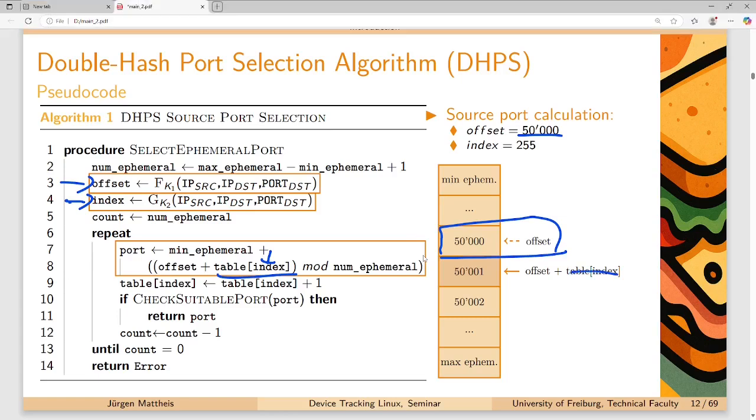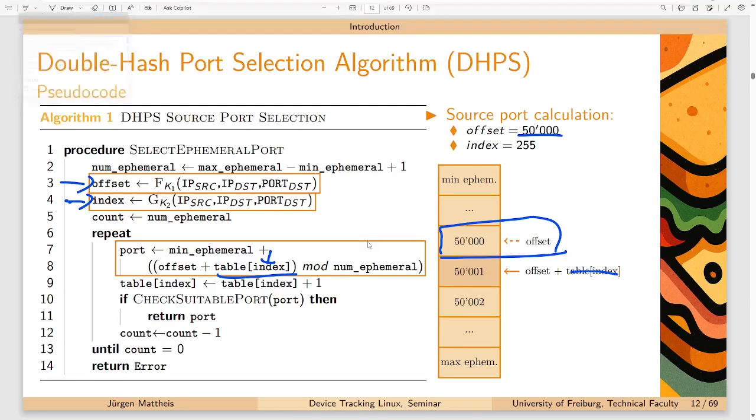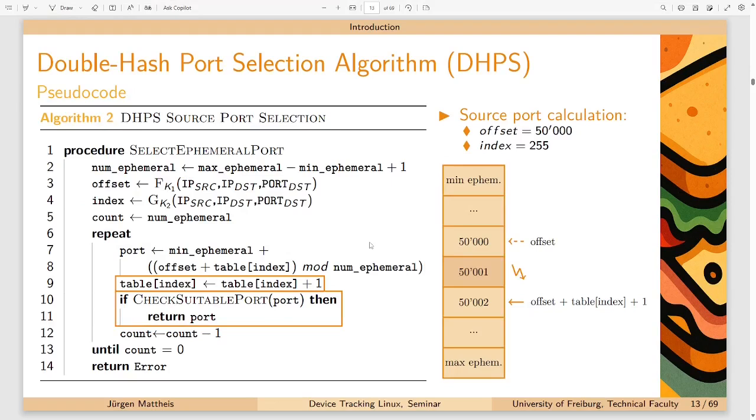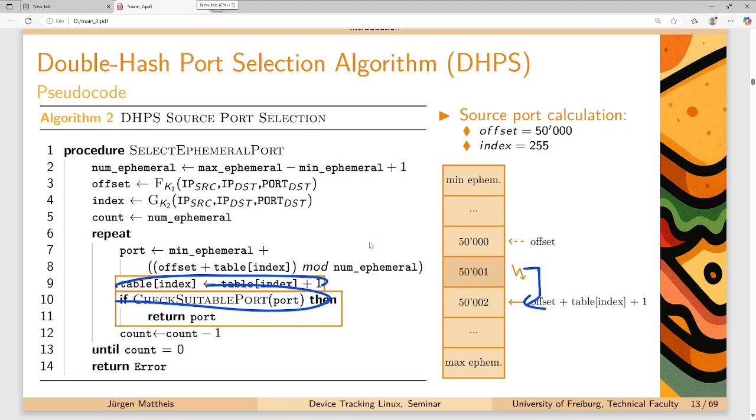In this case, we are unlucky, and this perturbation cell is already in use. The check for it is over here. Before we made this check, we made an increment to this table value, and that's why we go to the next cell. And luckily, this cell is not in use yet, and we can use it.